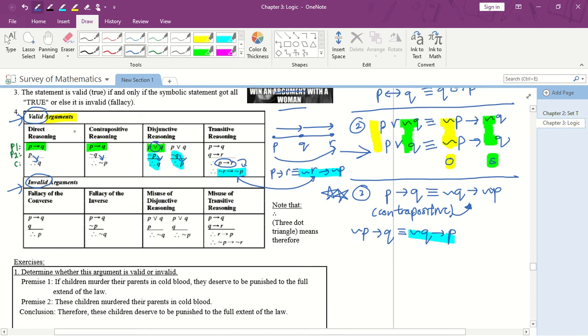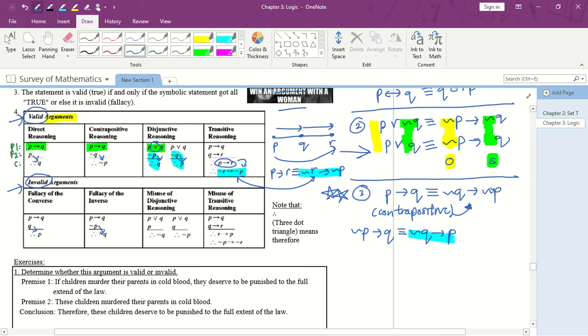However, it's different from the direct reasoning here, which means that Q to P is not the same thing as P to Q, right? That's why this is a fallacy, it's invalid. And of course the inverse, negation P to negation Q, is not the same thing as P to Q. So this is also a fallacy, also invalid.